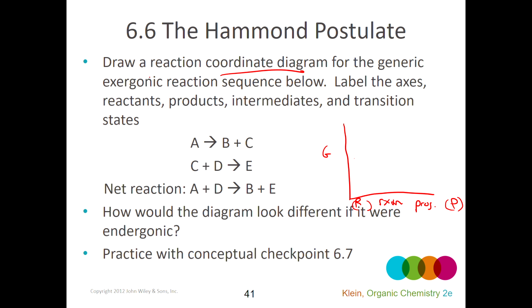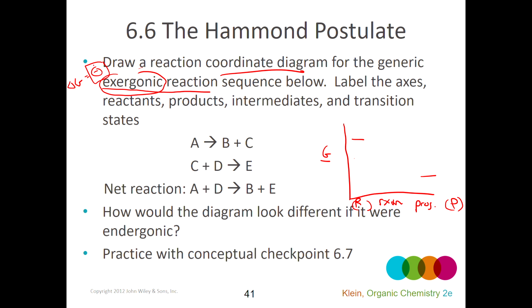So let's see, this example gives us some information. It says we want to draw a reaction coordinate diagram for a generic exergonic reaction. What does exergonic mean? Exergonic means delta G is negative, or that the free energy quantity is decreasing. So that tells me that the products are lower in free energy than the reactants.